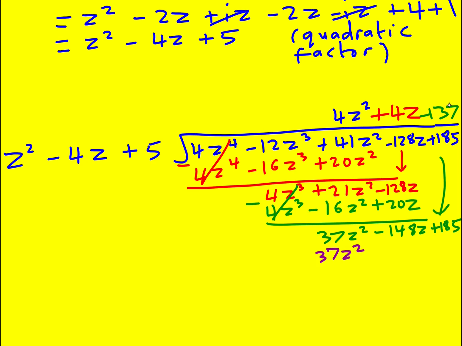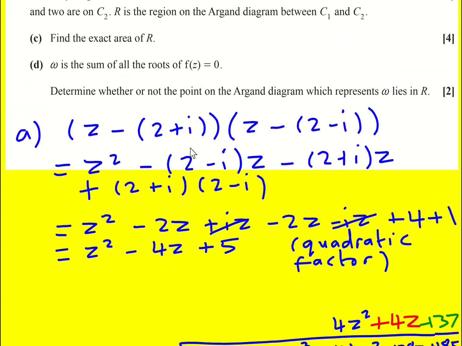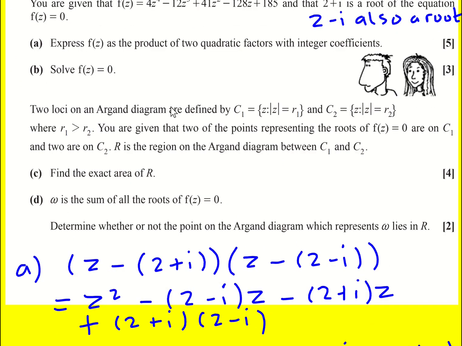4 times 37. If you double 37, you get 74. Double it again, you get 148, so it will be minus 148. 5 times 37 is 185. So brilliant, we get 0. And that's going to be our other quadratic factor, so quite a lot of effort, but we've got our answer.